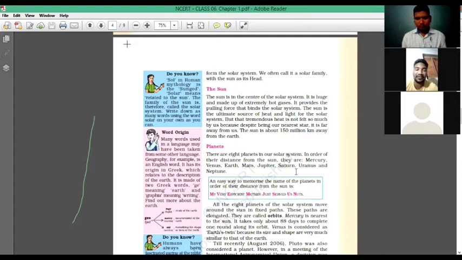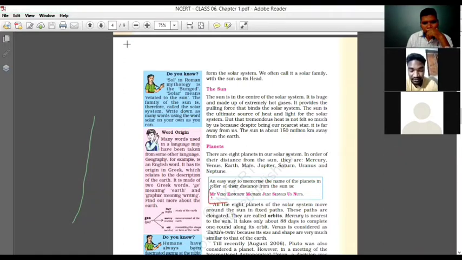This is a method given in the book by which you can easily memorize the names of the planets. The line that is given is, my very efficient mother just served us nuts.